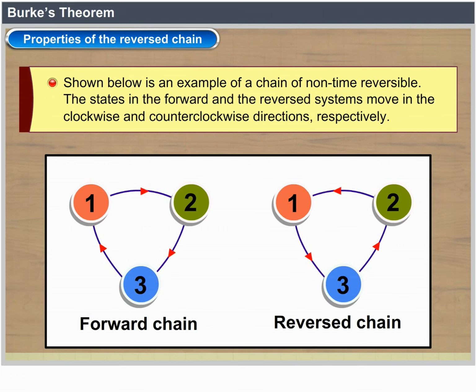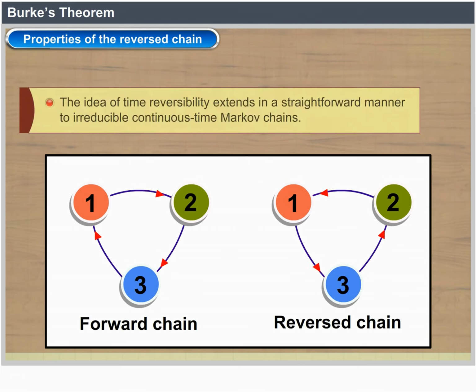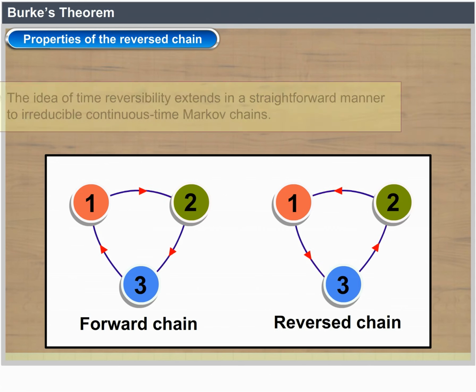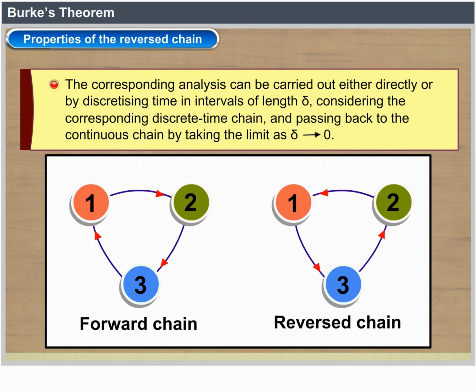Forward chain, reversed chain. The idea of time reversibility extends in a straightforward manner to irreducible continuous time Markov chains. The corresponding analysis can be carried out either directly or by discretizing time in intervals of length delta, considering the corresponding discrete time chain and passing back to the continuous chain by taking the limit as delta tends to 0.